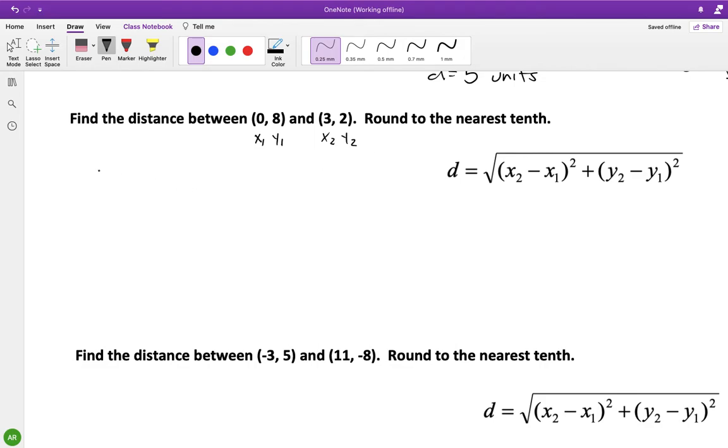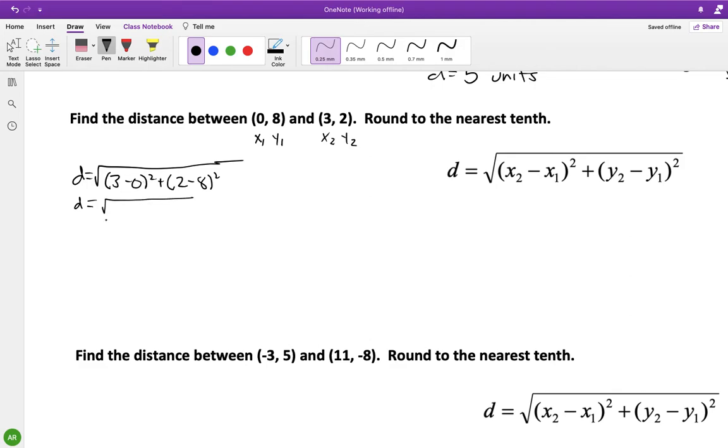So D equals the square root of x2, which would be 3, 3 minus 0 squared plus 2 minus 8 squared. Okay, you notice I can have a positive number here after I simplify and a negative number there. It's perfectly fine.